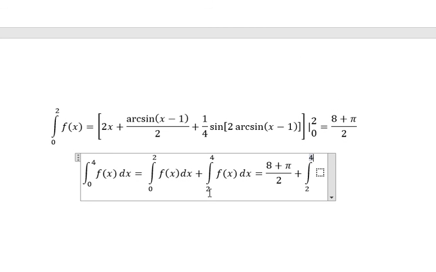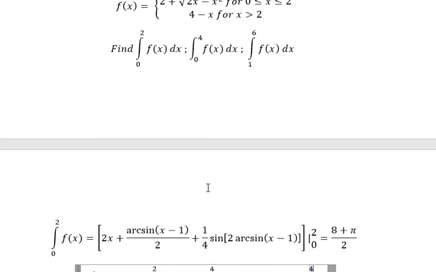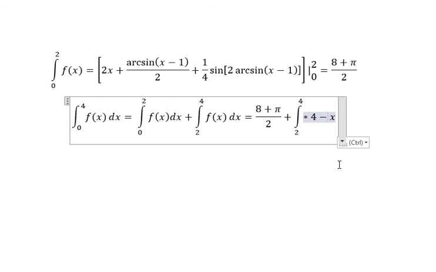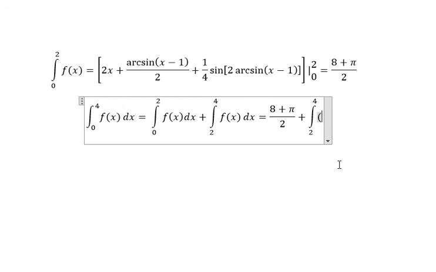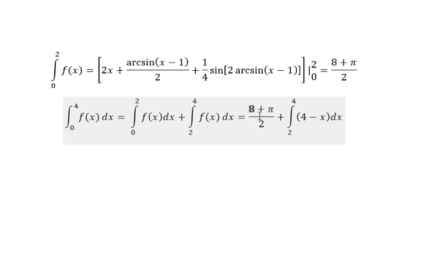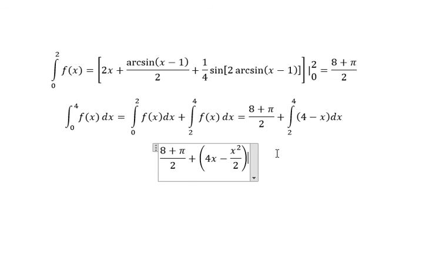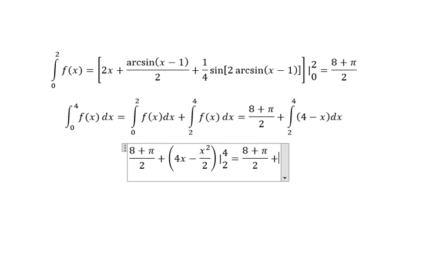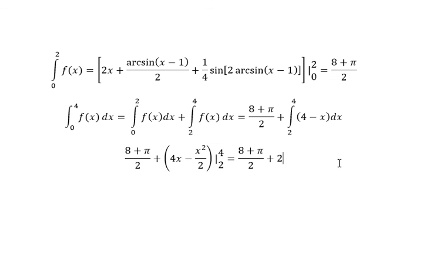And f of x from x is greater than number 2, that should be about this one. And we got about 4x minus x squared over 2, everything from 2 to 4. That should be about number 2.